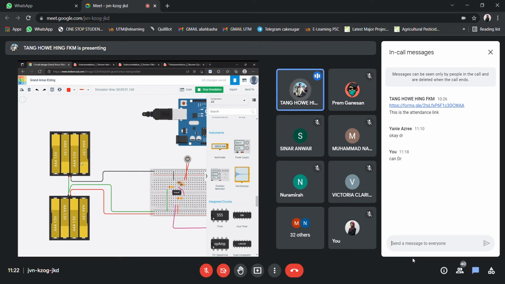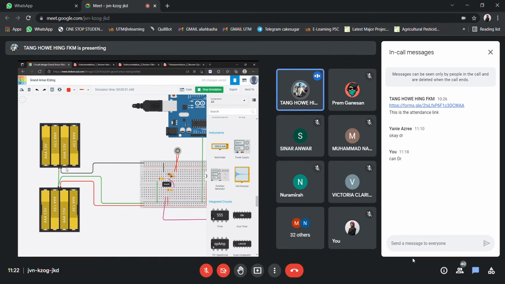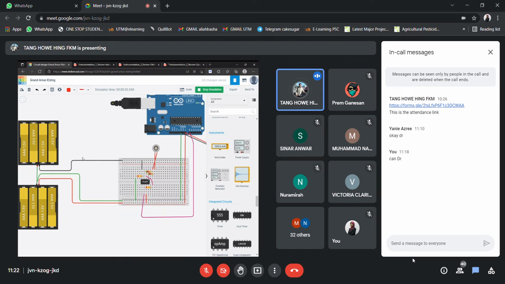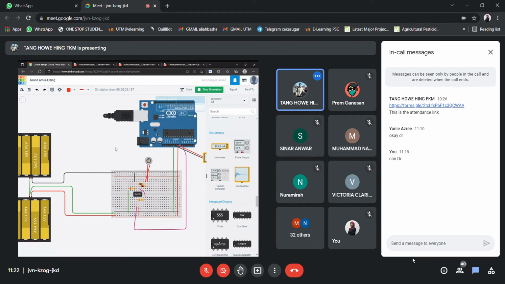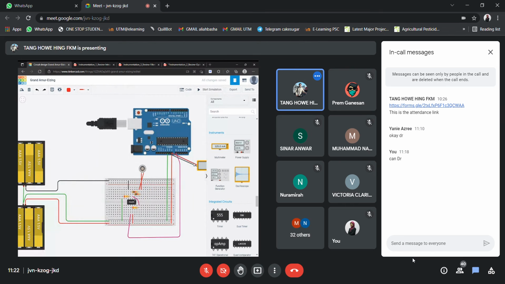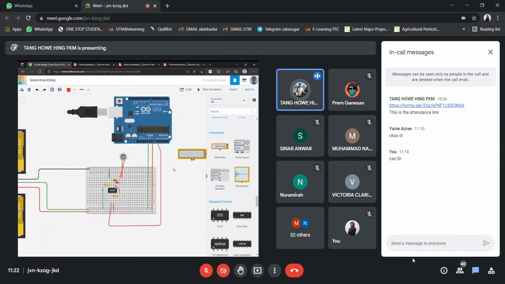The other battery has a common ground, but it is connected to here, so the main use of this negative is just to power up this op amp, and therefore your Arduino is powered up by 6 volt. Okay, and then you can see that basically this sensor is a little bit weird.